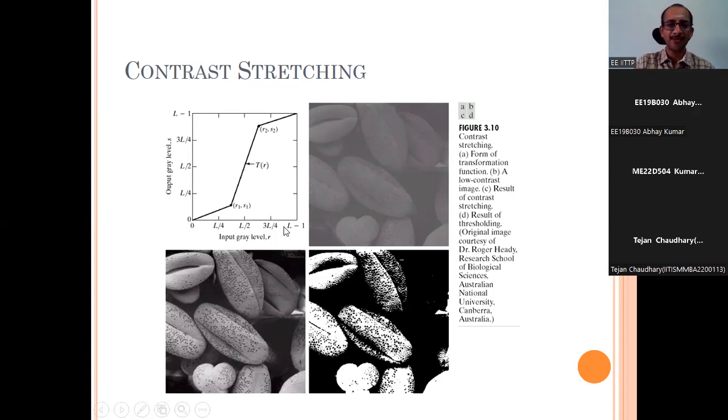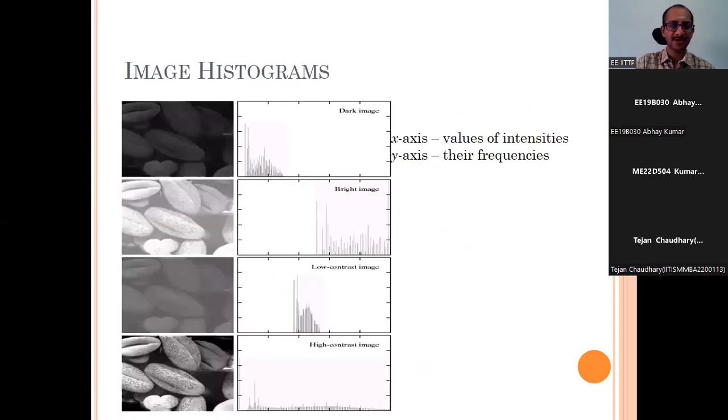As you can see, the information is in the mid-range of gray levels. So this is the contrast enhanced image with this input-output mapping. Hope you understand this based on the discussion that we had.